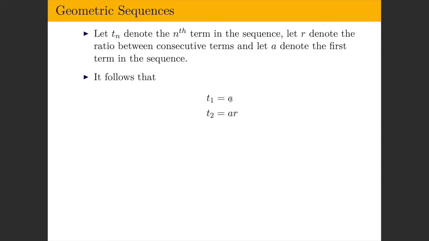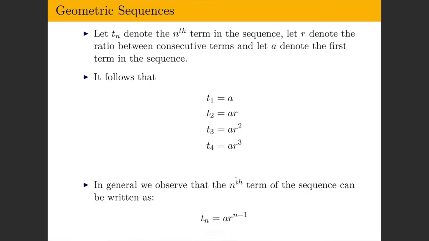To get term 3, we multiply by r again, which gives us Ar squared. And continuing, T4 is Ar cubed.